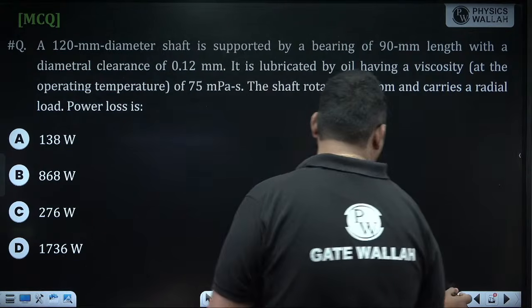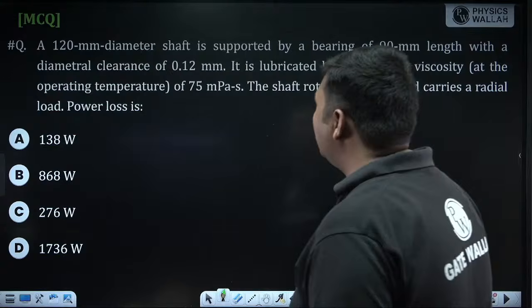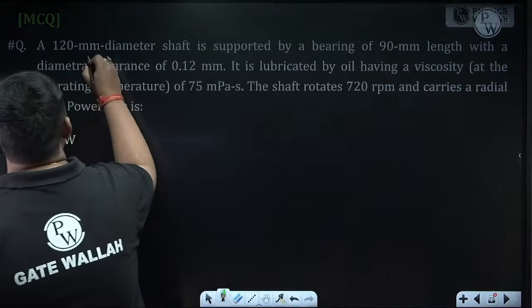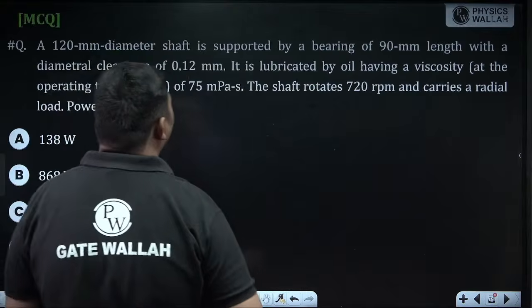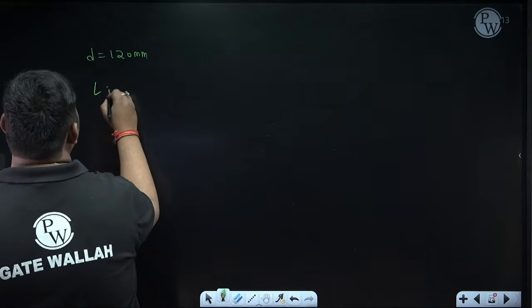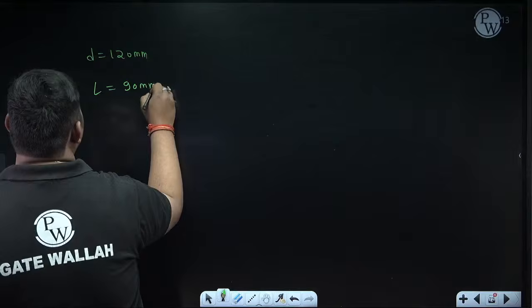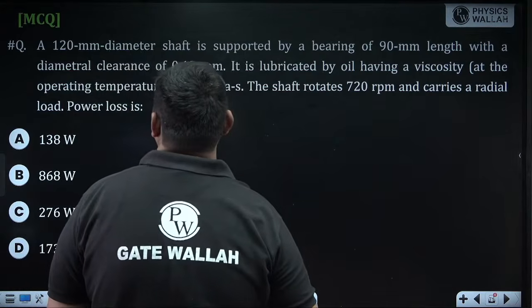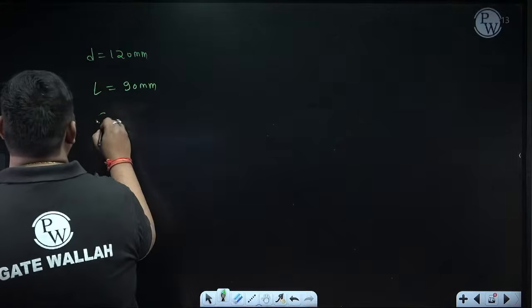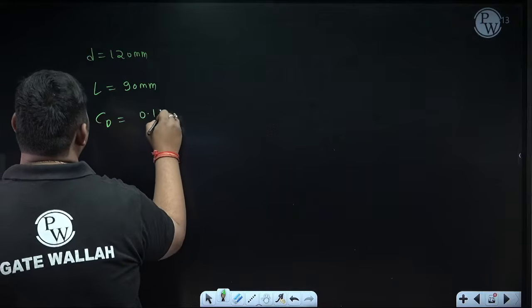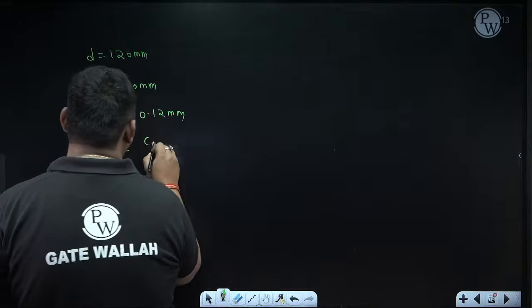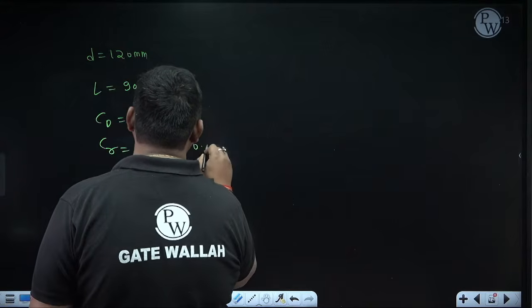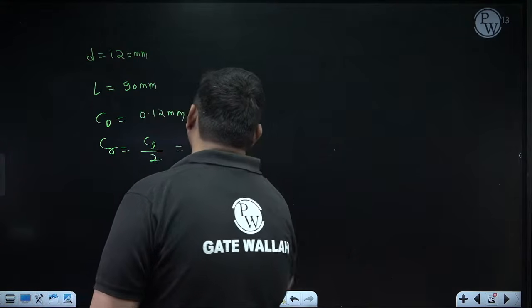So see, first I am writing the given data. The shaft diameter is 120 mm. Length of the bearing is 90 mm. Diametral clearance is given, it is 0.12 mm. You will calculate radial clearance, it is half of this, so I think it will be 0.06 mm. You can check the calculation.